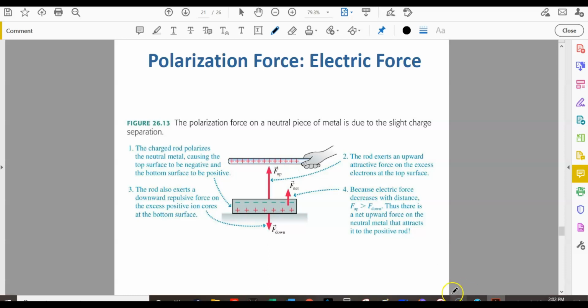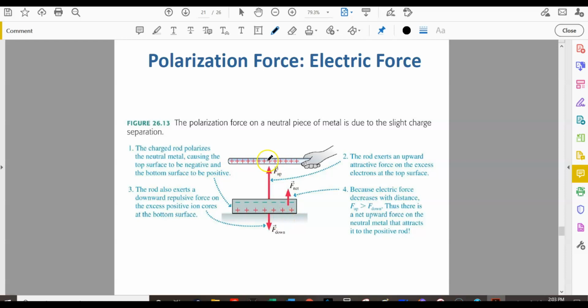So when you bring a positively charged object close to this neutrally charged block, the electrons are being attracted to these protons, and then these protons are being repelled away from this positively charged rod.